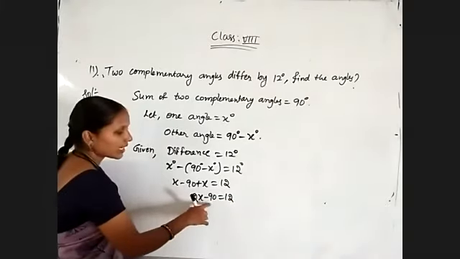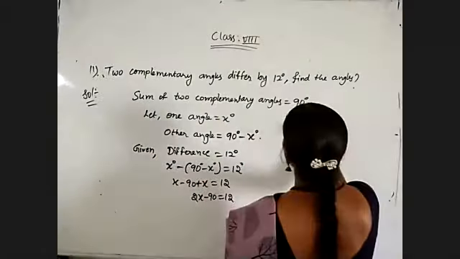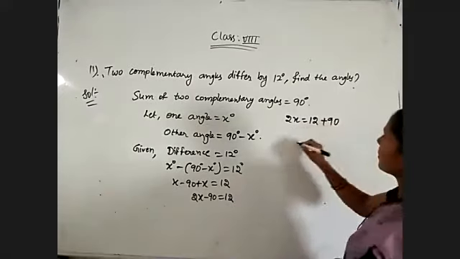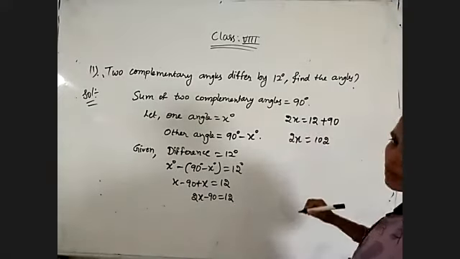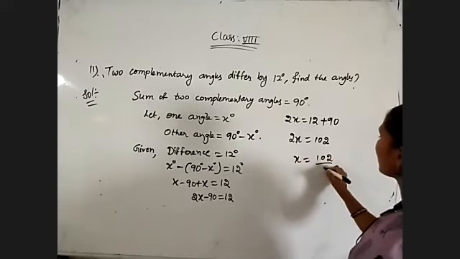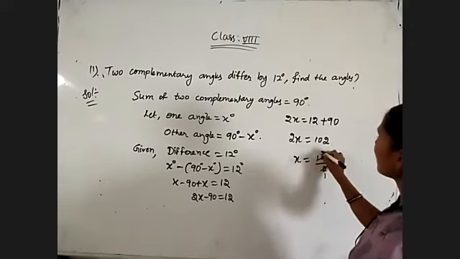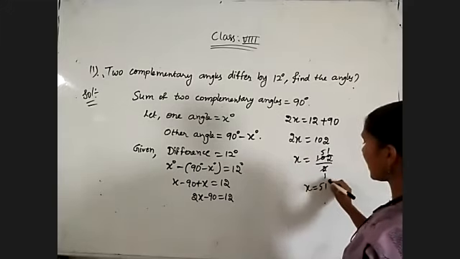So now bring the 90 to that side. 2x will be equal to 12 plus 90. 2x is equal to 102. Then x will be equal to 102 by 2. 2 ones are 2, 5 twos are 10. x is equal to 51 degrees.